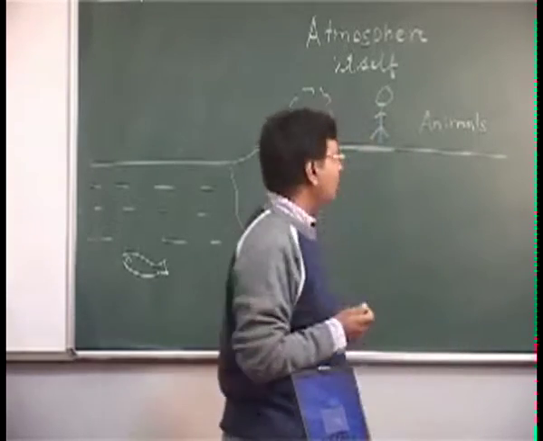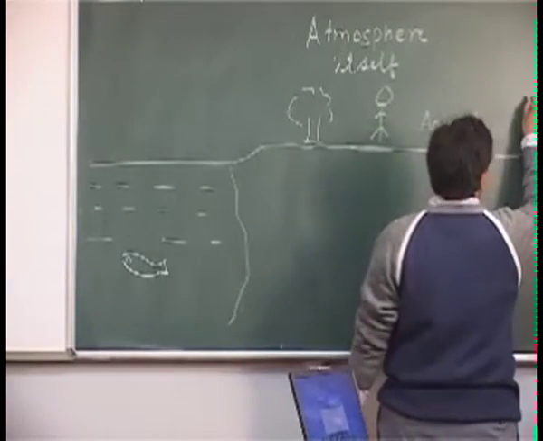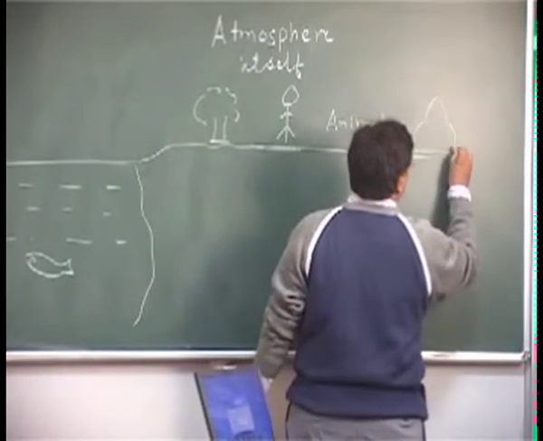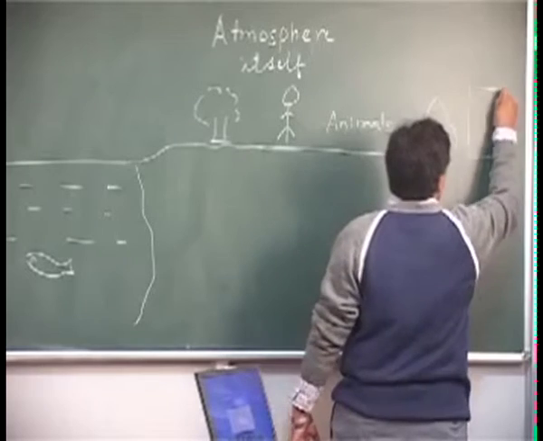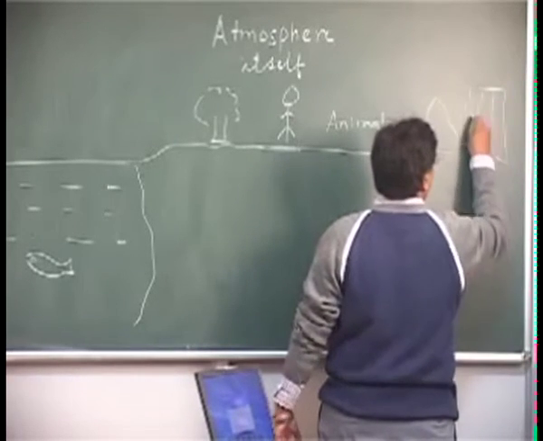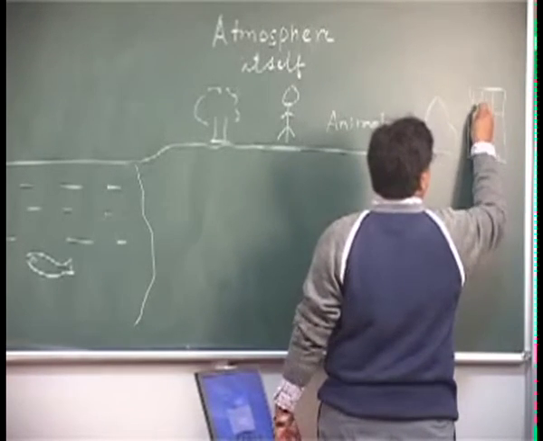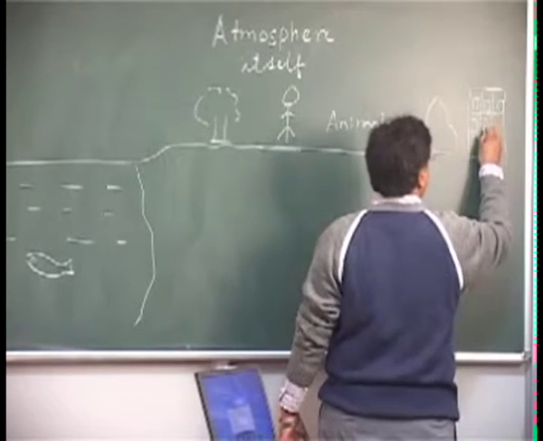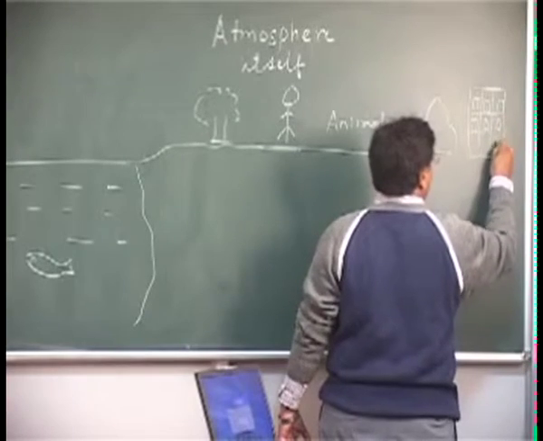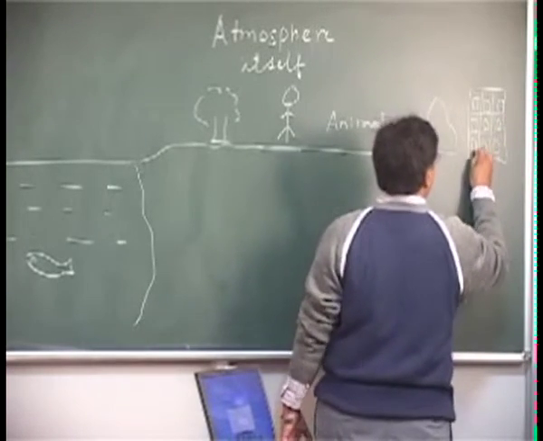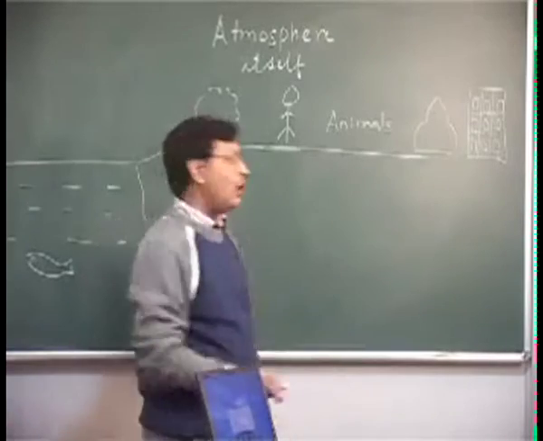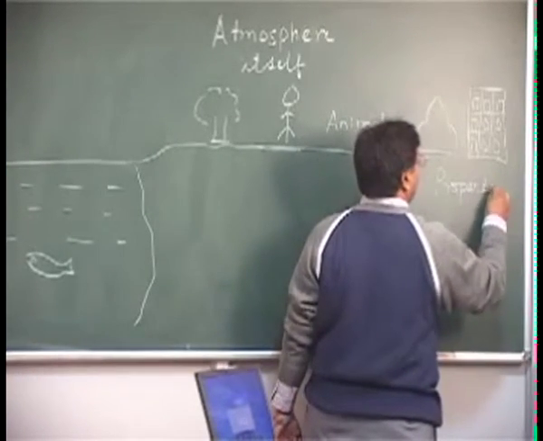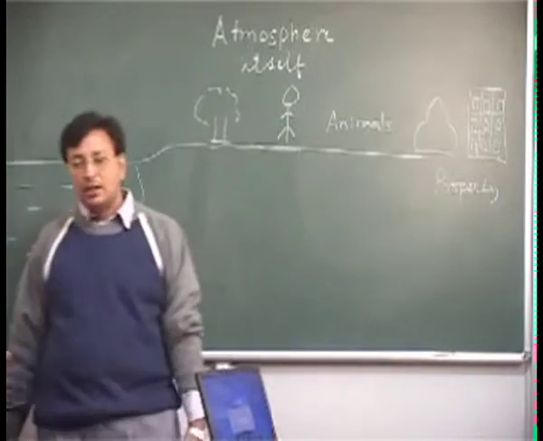So let's not forget, if I can draw the Taj Mahal, well, very poor drawing, some buildings, with windows and things like that. So a receptor is also a building, or in general terms, let's write property. Even that is affected.